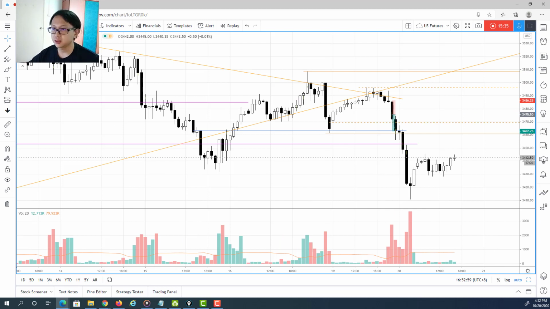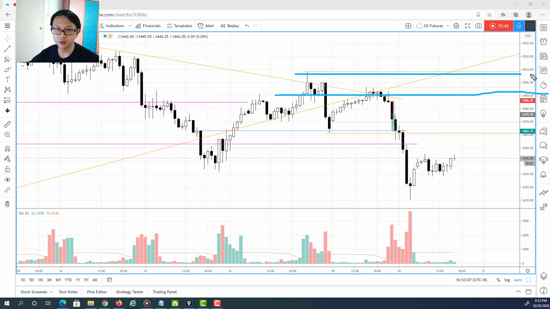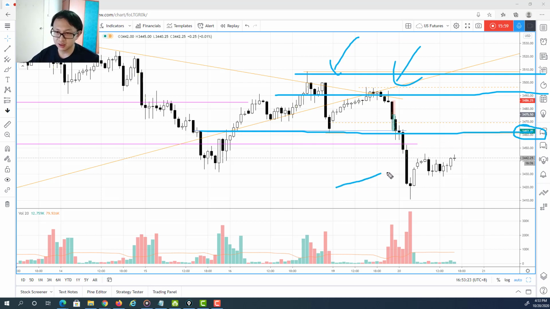So this is the first level that I would like to see for the bullish scenario to be intact, somewhere around 3490 to 3500. So that's the very key resistance level that the market needs to overcome. Of course, so far there are still some levels in front. 3460 is definitely a level to watch, and before that we still have this capitulation bar roughly around 3450.